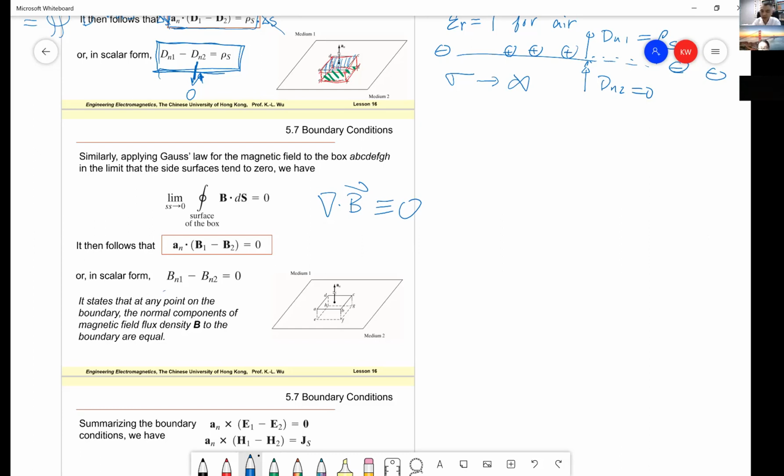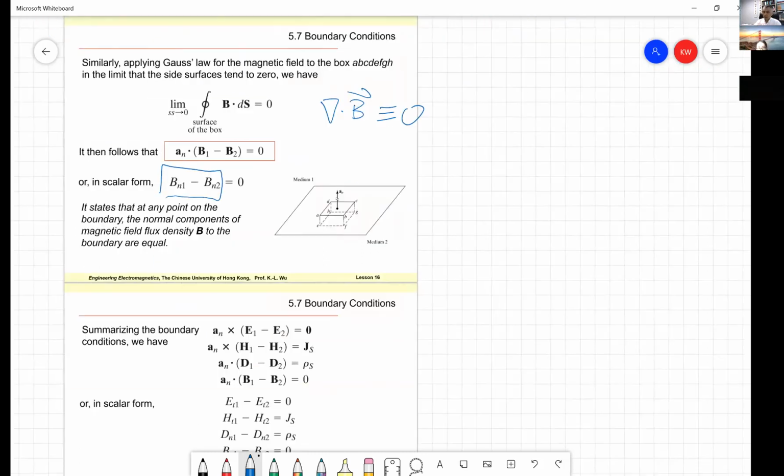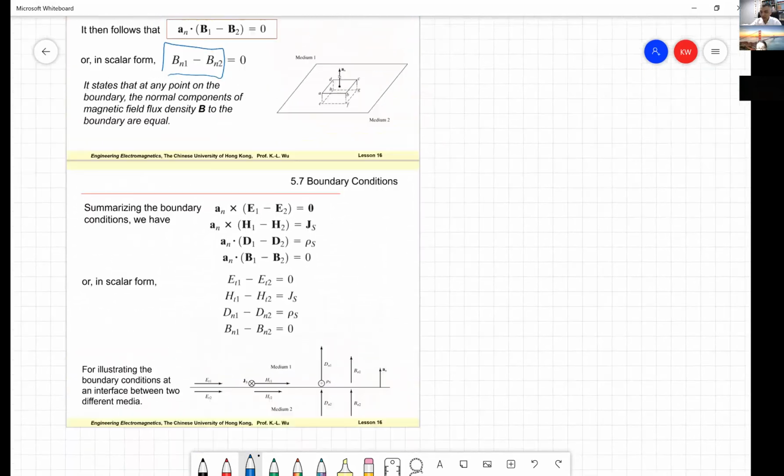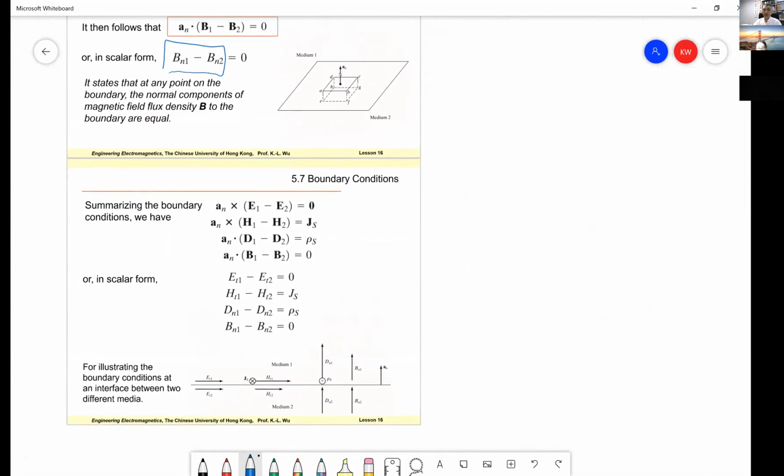That means for magnetic field, the normal component is continuous at every point over the surface. That is the basic property of the electromagnetic field. We can make a summary by the last slide.